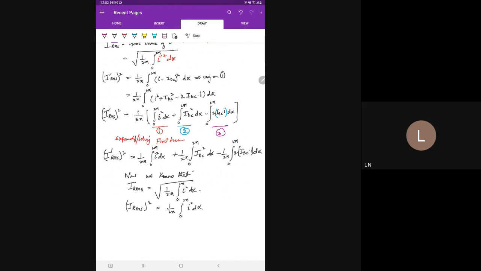Then we can write down from the first term. So we have the first term here, the second term here, then the third term here.